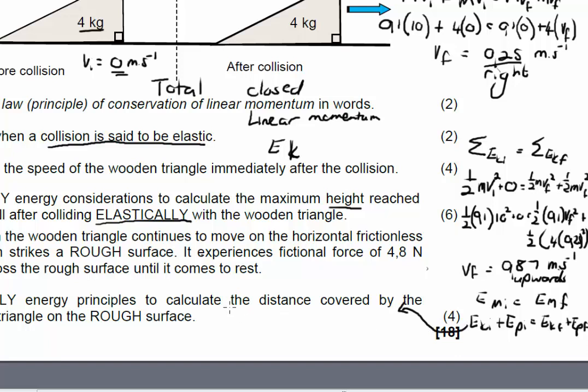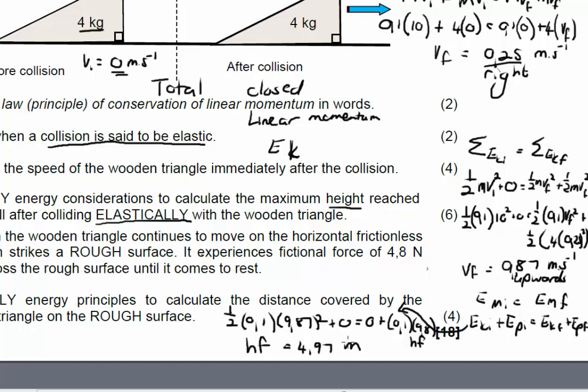We're basically going to say that this is going to be a half times the mass of 0,1 times 9,87, what we've just calculated over here, 9,87 squared, plus our potential energy initially is 0, equal to the final kinetic energy, which is 0, plus m g h final: m is 0,1, g is 9,8 because it's acceleration, and then hf is our only unknown in this equation. When we calculate hf, it will give us a value of 4,97 meters.